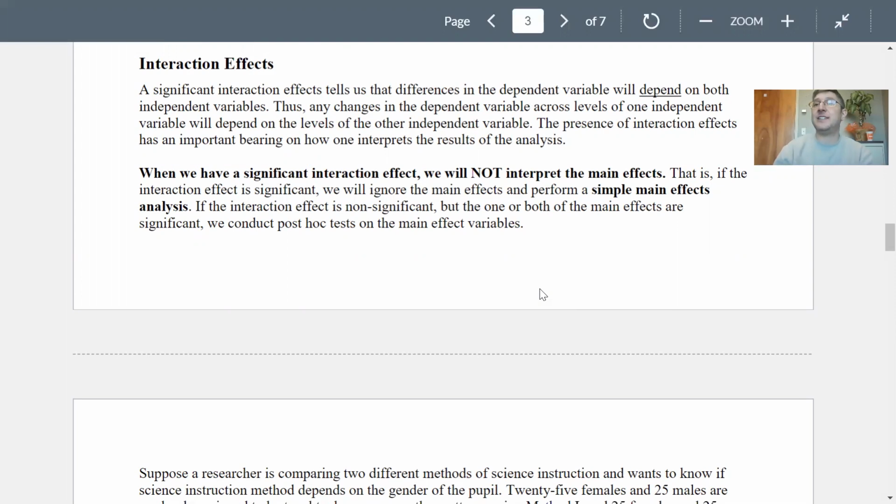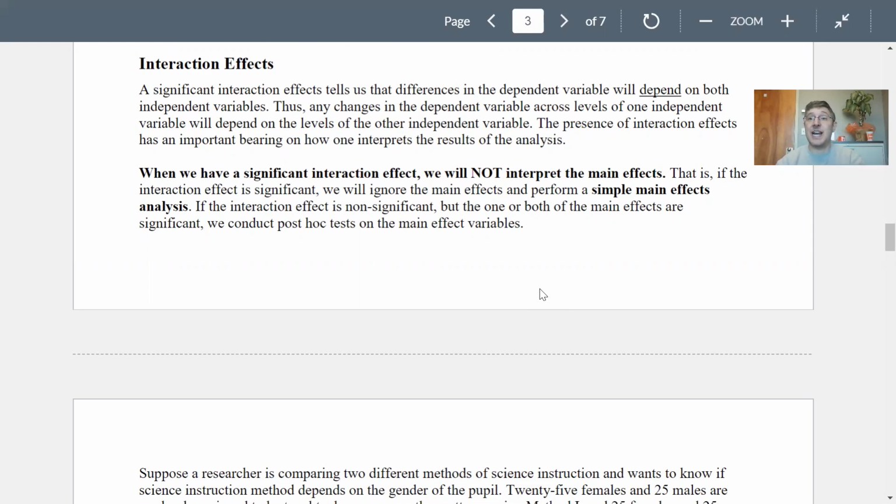So back to that math achievement, the teaching methods, and gender: if there's a significant interaction effect, it's saying that the impact of teaching method, which teaching method is most effective in increasing math achievement, will depend on the gender of the student.